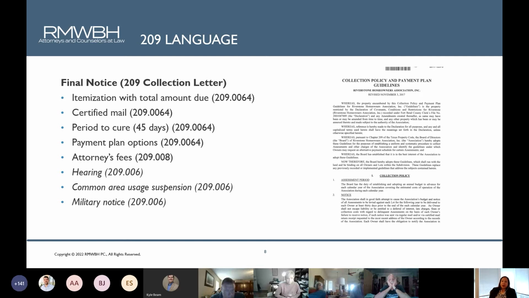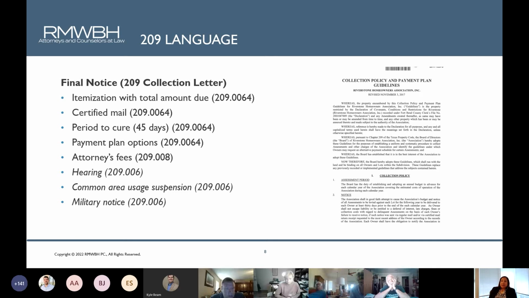The hearing, the common area usage, and the military notice, those last 3 bullet points are really only important and relevant and required if the association intends to suspend common area privileges.